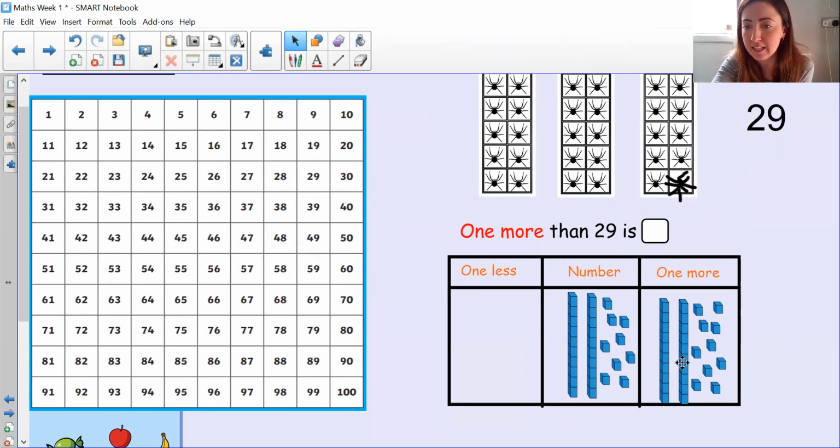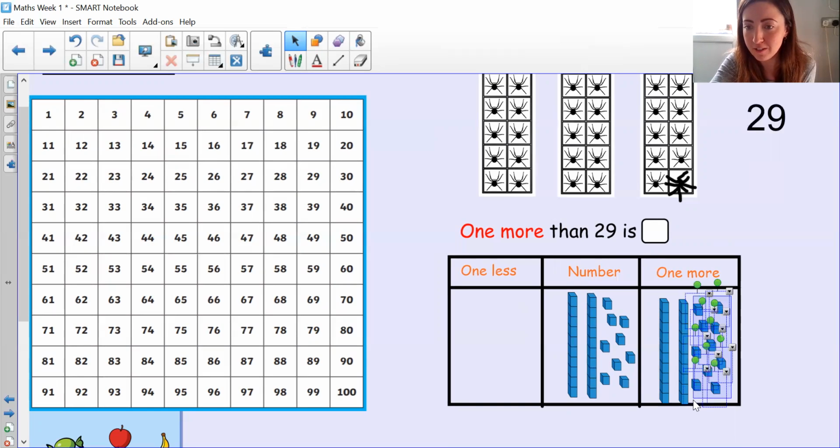Okay, so I'm going to count these and see how many I've got now. So I've got 2 10s, and then I've got 1 2 3 4 5 6 7 8 9 10. Oh, hang on a minute. I've got 10 1s there. What could I do with those 10 1s? What is 10 1s the same as? 10 1s is the same as 1 10. So I can swap my 10 1s.